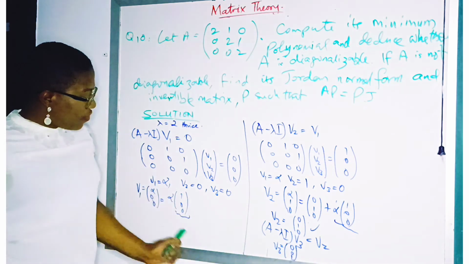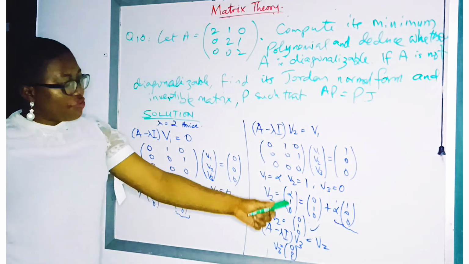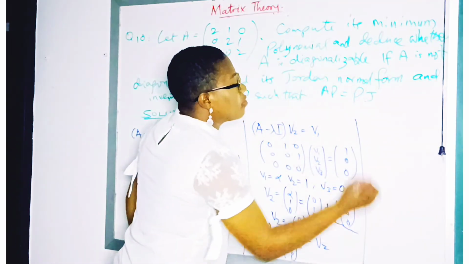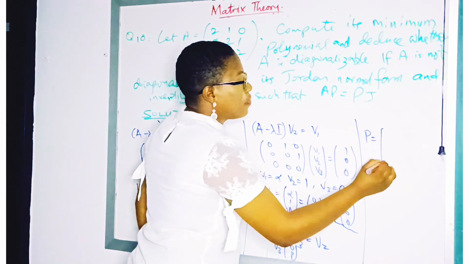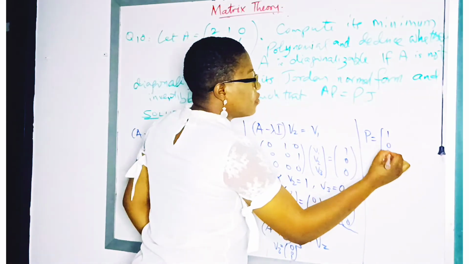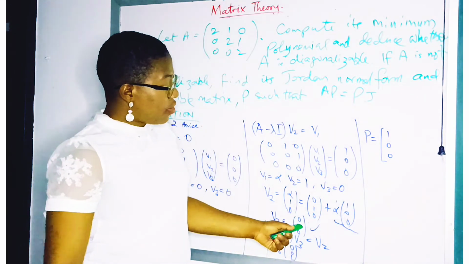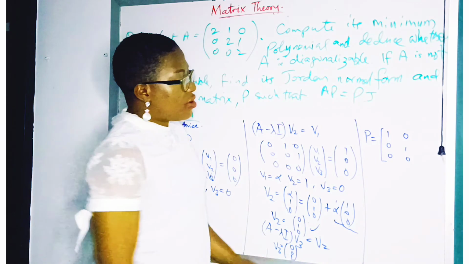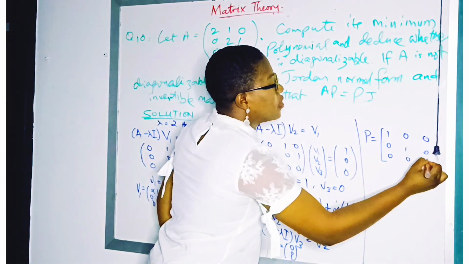So we have what V1 is, V2 is, and V3 is. So the matrix P is, keep V1 as the first column, 1, 0, 0. Keep V2 as the second column, 0, 1, 0. Keep V3 as 0, 0, 1.